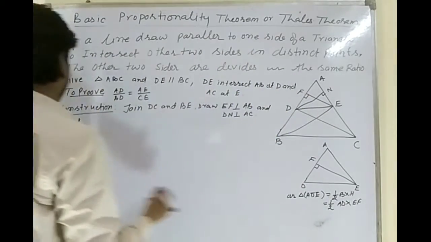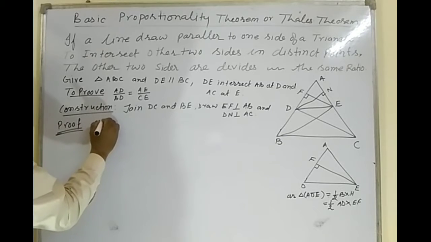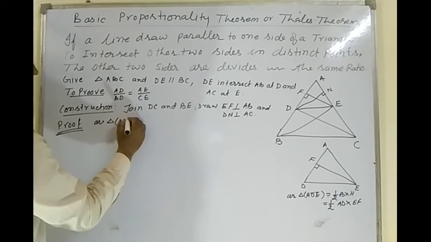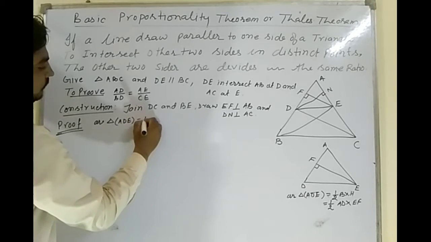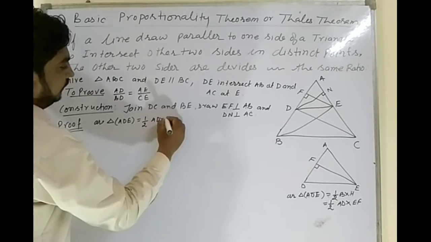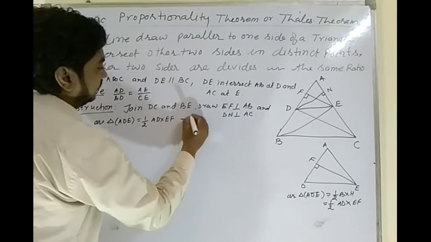So area of triangle ADE equals 1/2 AD into EF. Equation 1.